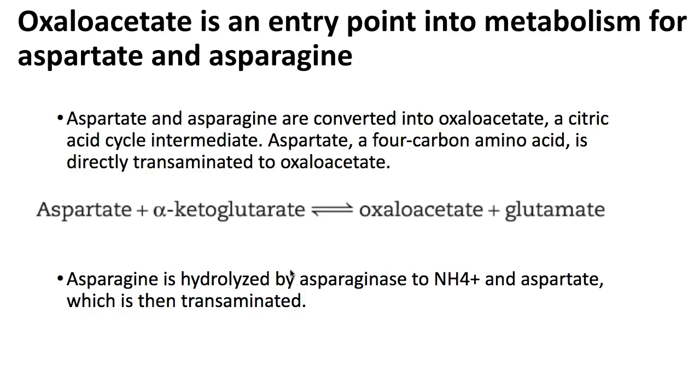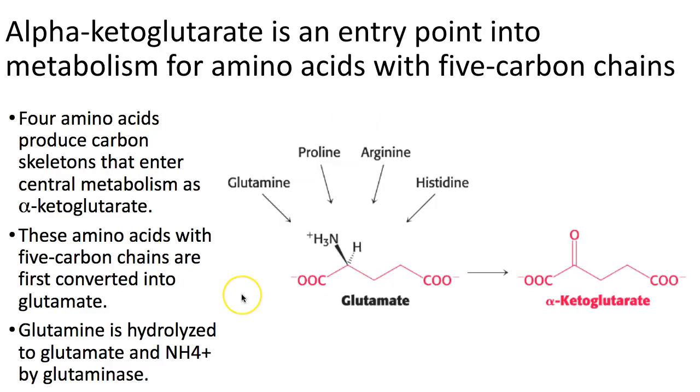Another intermediate, oxaloacetate, can be produced from the amino acid aspartate, where the amino group is transferred over to alpha ketoglutarate. And if you ever see alpha ketoglutarate, we know we're making glutamate, and the other product is oxaloacetate.